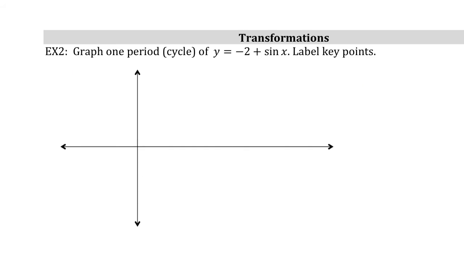Let's look at what happens when we do some transformations on our graph. If I have this minus 2, what that does is it's just going to slide my graph down 2 units. My original sine graph goes to 2 pi, and then we'll split that up.